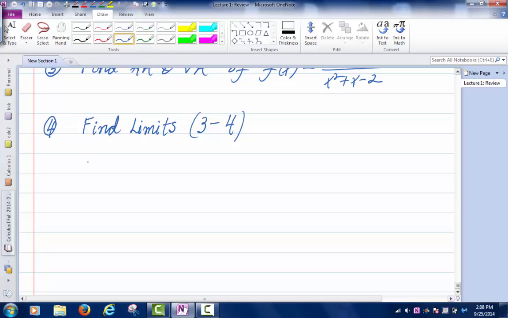So the limit problem is find the limit as x goes to 1 or infinity or negative 1 or 0, things like that. So you should expect one question from 1.5, at least one from 1.6, and at least one, in fact exactly one from 3.4. So that's what you would expect there.